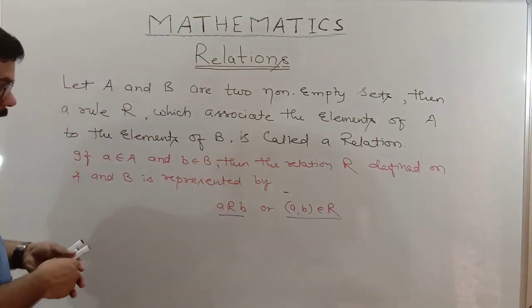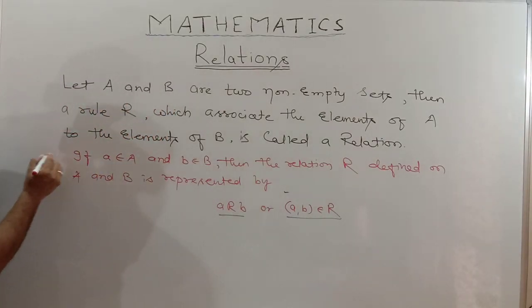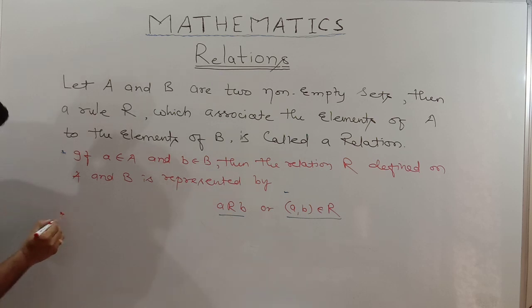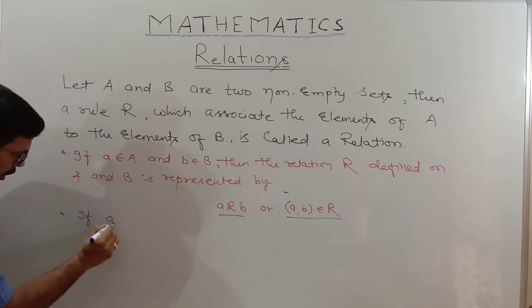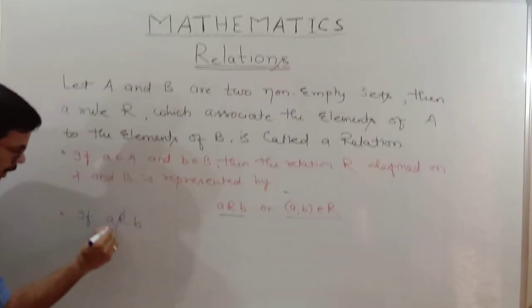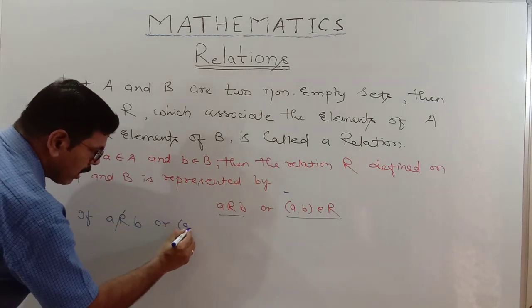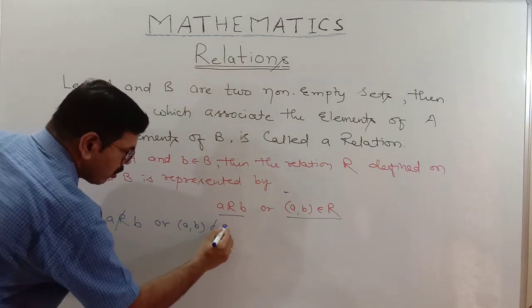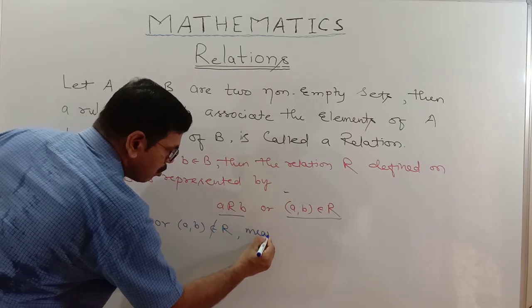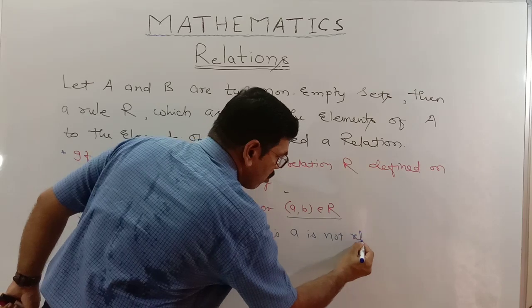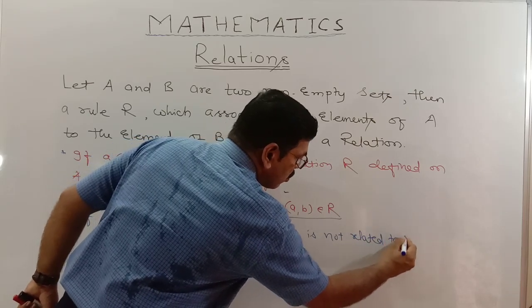Is it clear? Now, suppose a is not related to b, or (a, b) does not belong to R, it means a is not related to b.